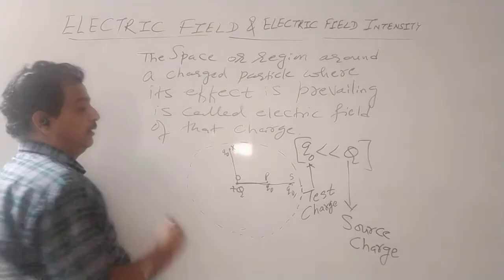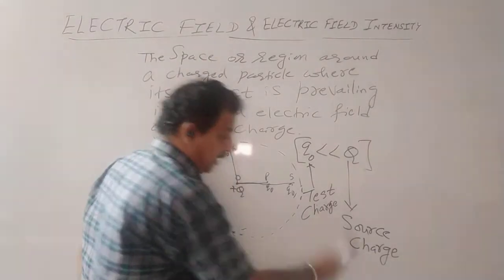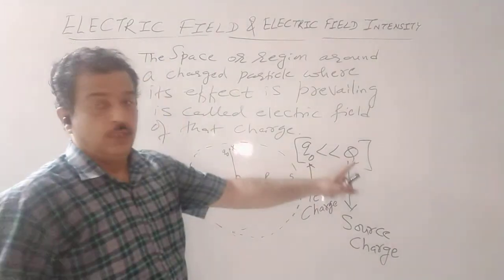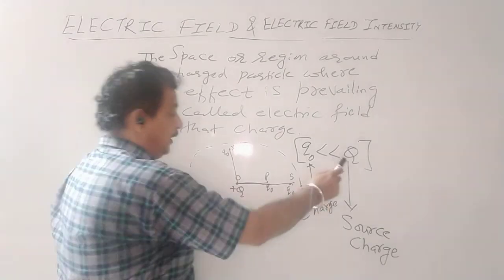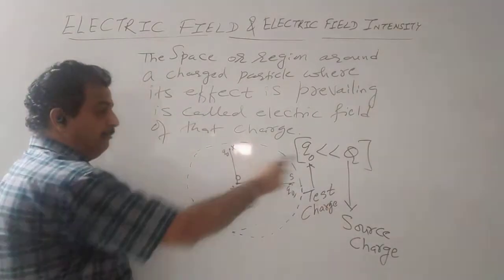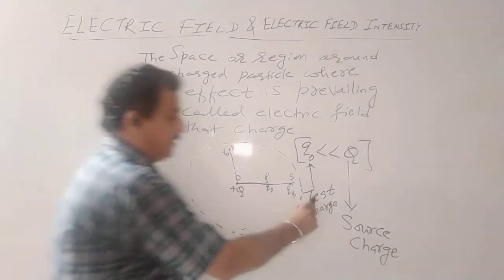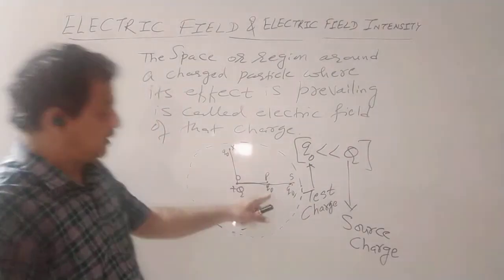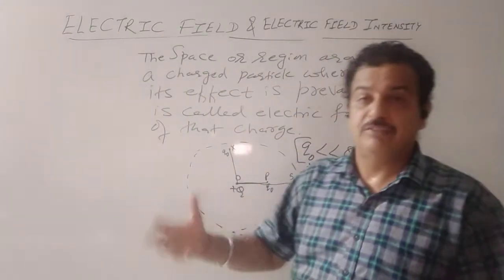Electric field मतलब इलाका. इलाका किसका होगा? हमेशा source charge का. We assume Q is much larger than Q naught. अब इस इलाके में we will keep one charge. So we name that charge as a test charge. Why you have to keep this charge?